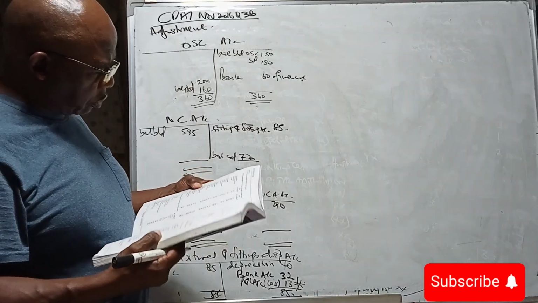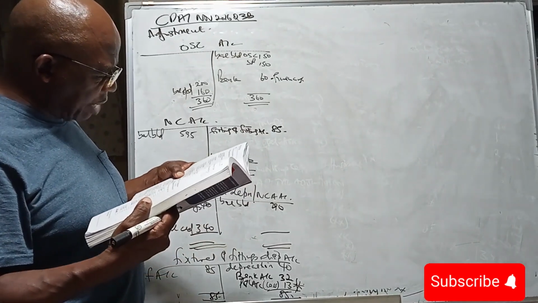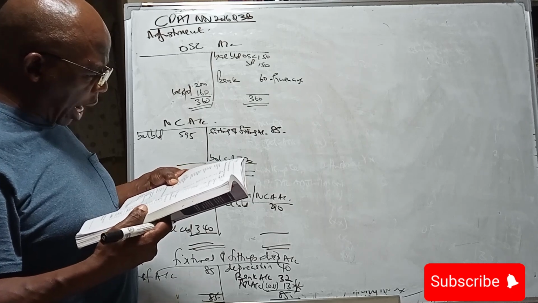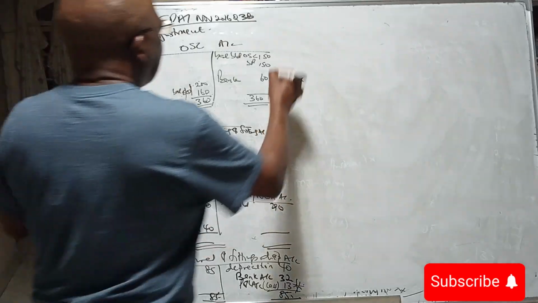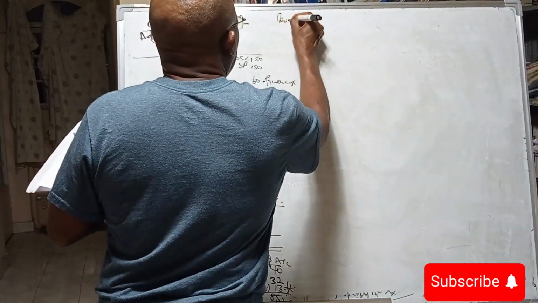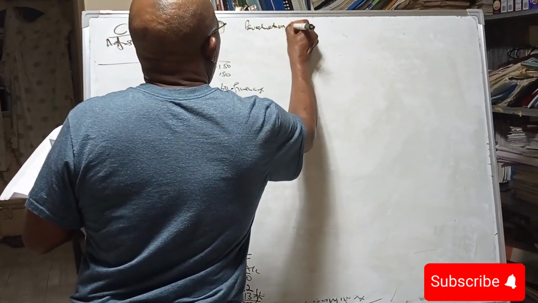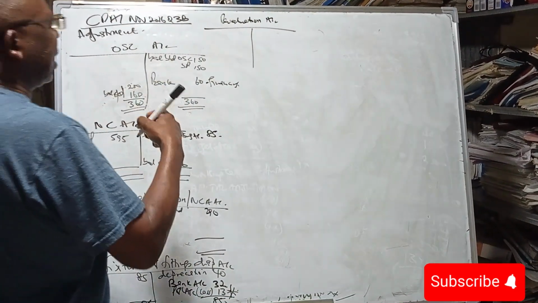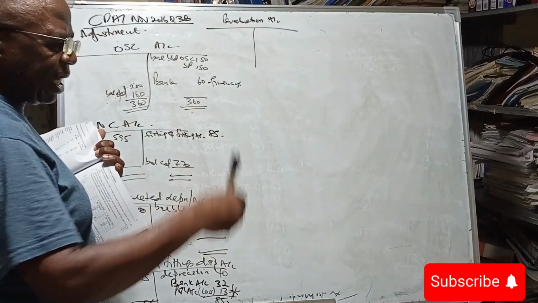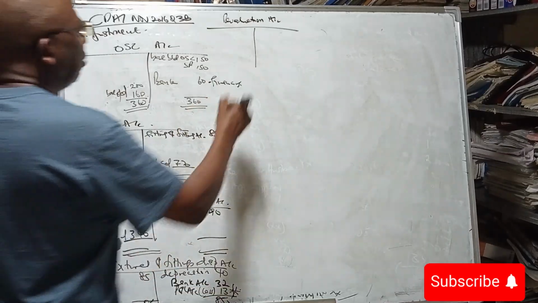And if you look at our question, the revaluation reserve is moving from 91 to 100. When you are working on non-current assets, always check the financing section to see whether there was a movement in revaluation.